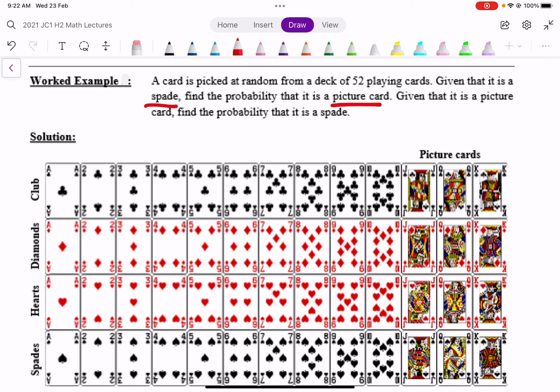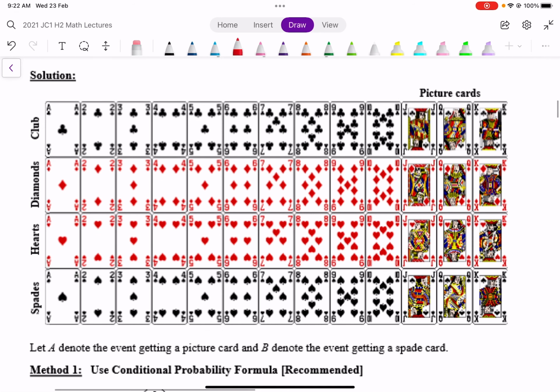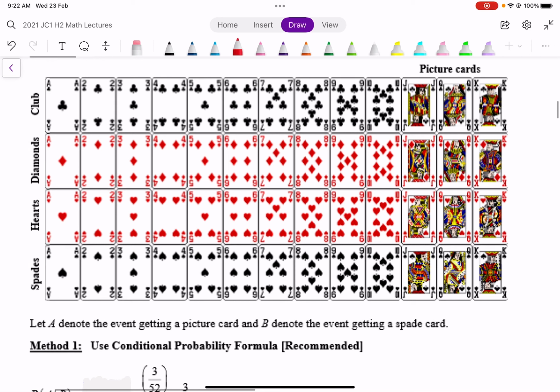Okay, so if you look at the diagram here, you are given all the 52 cards and they come in four different sets. You have the clubs, followed by the diamonds, followed by the hearts, followed by the spades. What we're going to do here is first define our two events.